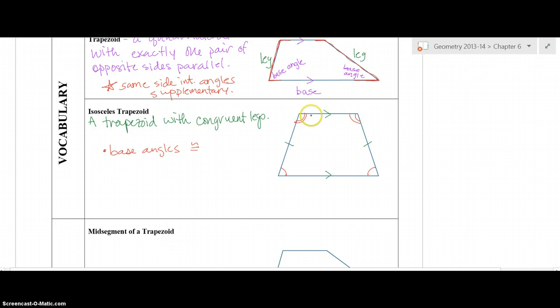And don't forget that the same side interior angles are still supplementary. Okay. One other thing that is special about an isosceles trapezoid is that the diagonals are congruent. Now they don't bisect each other, but if you draw them in, they are going to be the same length.